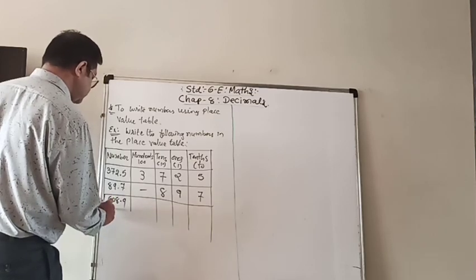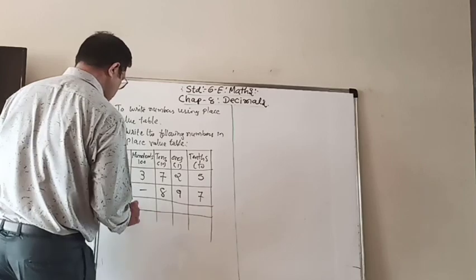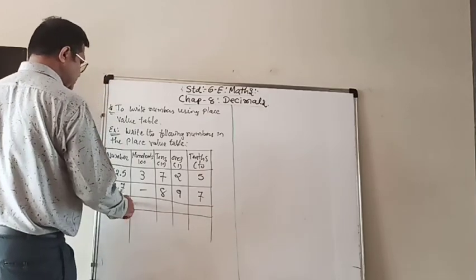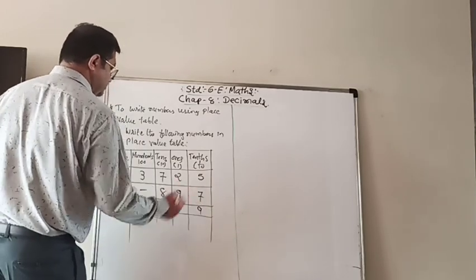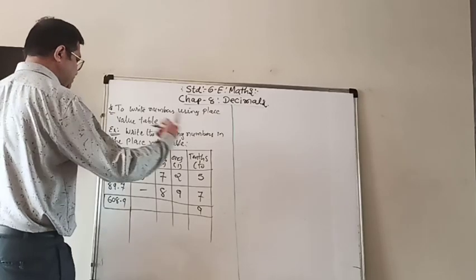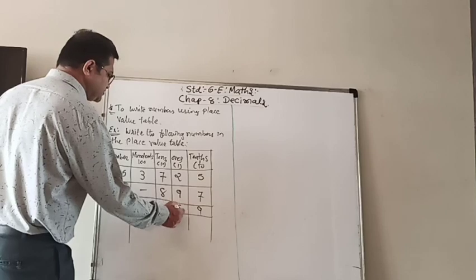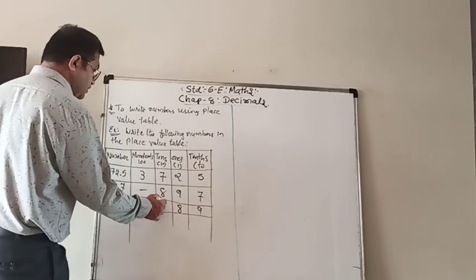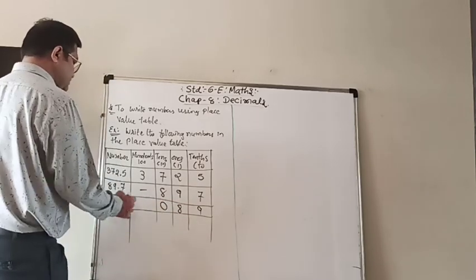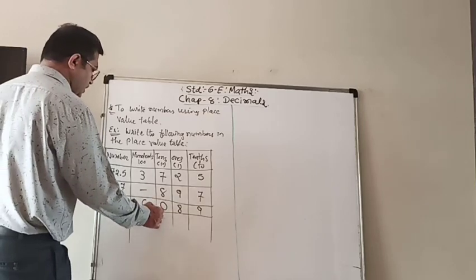Next, 608.9. Now here 9 is in the tenths place because it is after the decimal point. 8 is in the ones place, 0 is in the tens place, and 6 in the hundreds place.